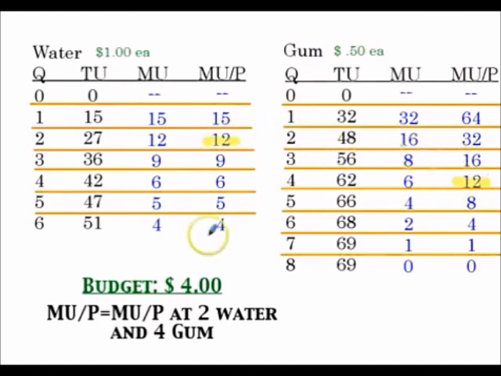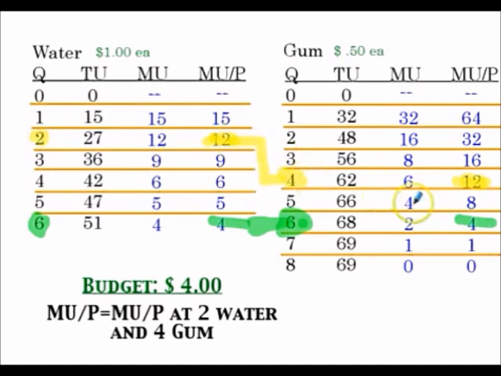It's going to happen at 6 units of water and 6 units of gum. Here's your units of gum, here's your units of water. MU over P is 4, MU over P is 4, they match up here. We also see that MU over P being 12 here, MU over P being 12 here, that's 4 units of gum and 2 units of water. So they match up in 2 different locations.